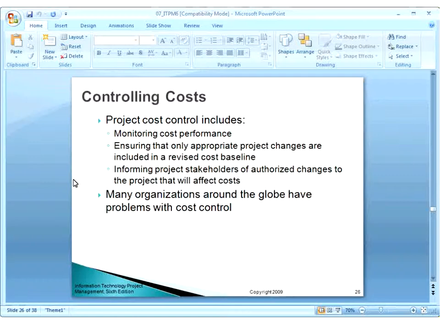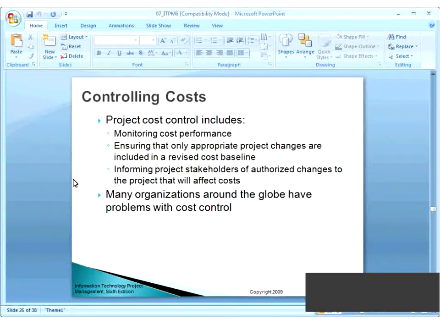In your project, there will be changes occurring at a later stage, but you have to incorporate those changes if they are in the plan, if they are within the scope, or if they are according to the prior agreement. When those changes are accommodated, some of them may increase your cost as well. So when you are controlling costs, you have to keep an eye on the changes made to the project specifications, so that they do not increase cost to a large extent.